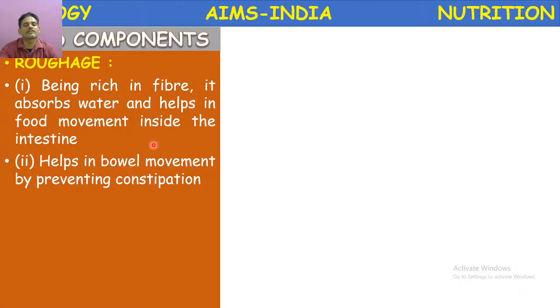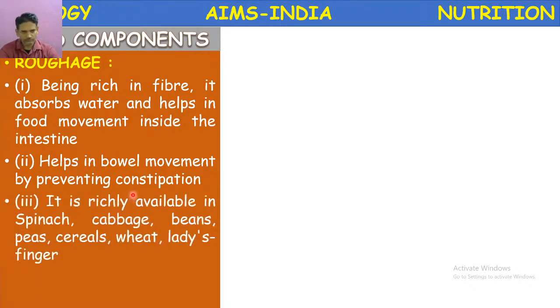Undigested food material in the large intestine or in the rectum is passed out through the anus. That movement is called the bowel movement. It helps in bowel movement and prevents constipation. Constipation means irregular motions.